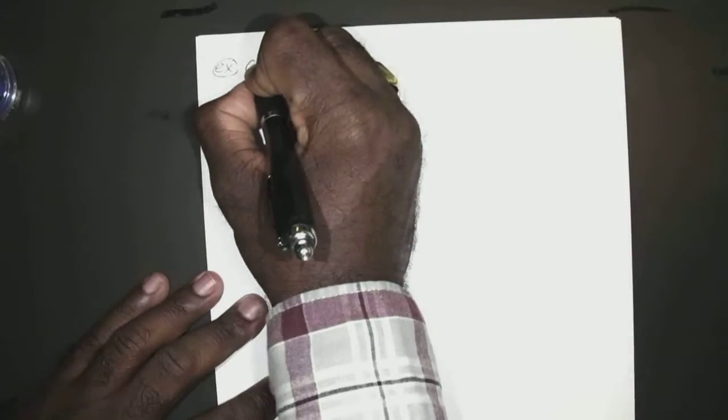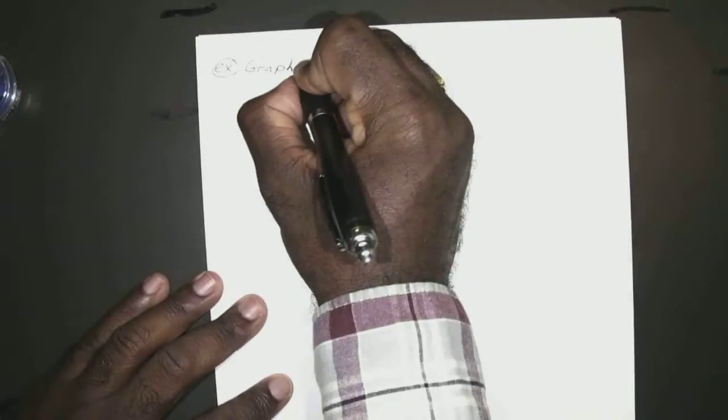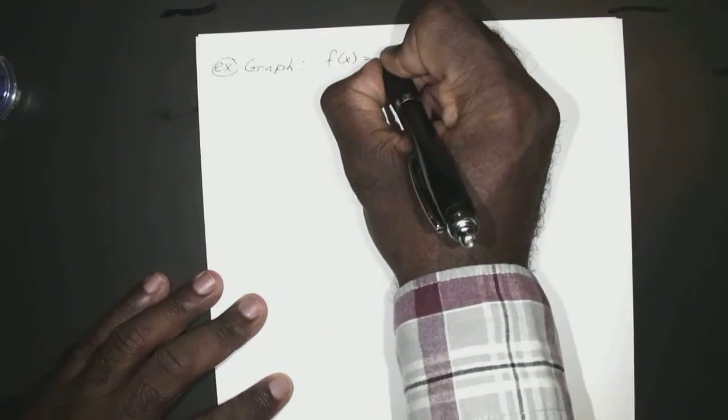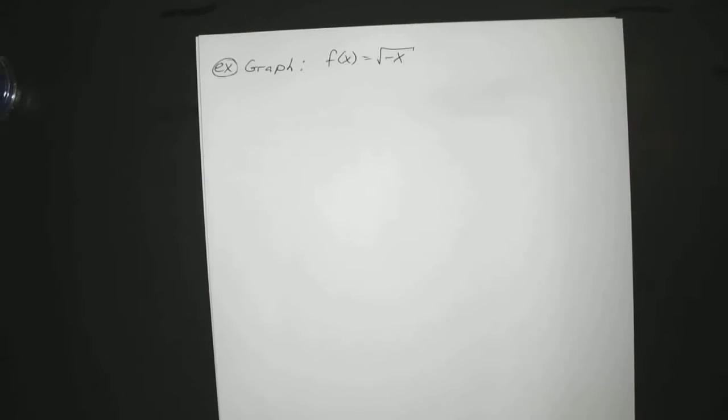Okay, so let's say, for example here, you wanted to graph f of x equals the square root of negative x. Okay, so the negative is not on the outside like it was before. Right now it's on the inside of the square root.